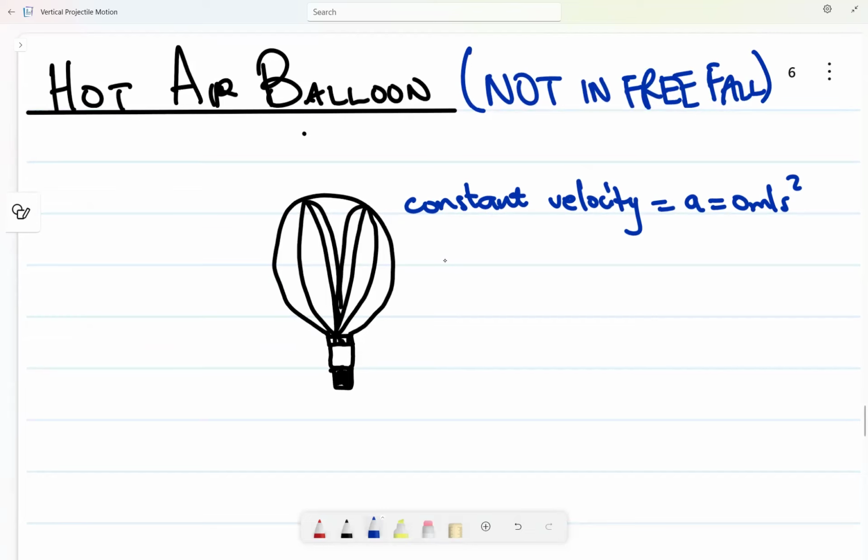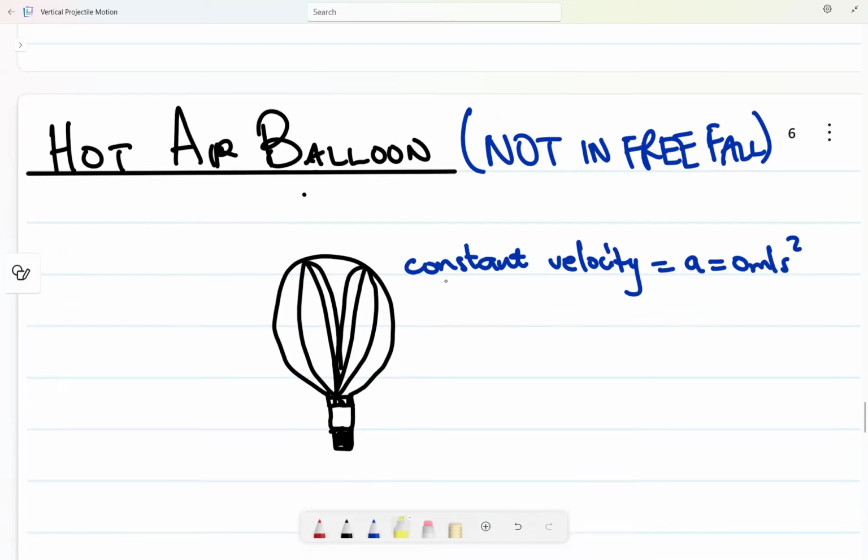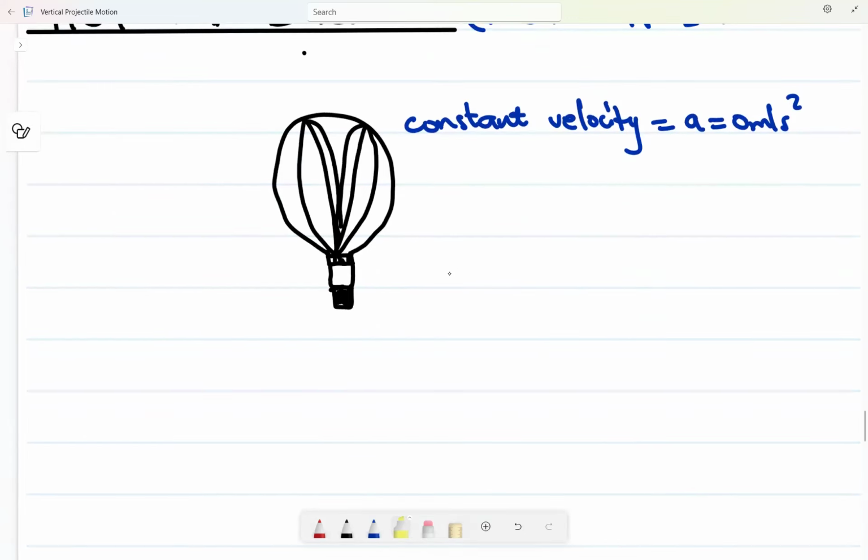Why are we saying the hot air balloon is not in free fall? Because now, what is free fall? Remember, free fall is motion of an object under the influence of gravitational acceleration only. Is the blue ball moving under the influence of gravitational acceleration? No. Why? Because we know that the hot air balloon takes out some gas that propels it to move upwards.